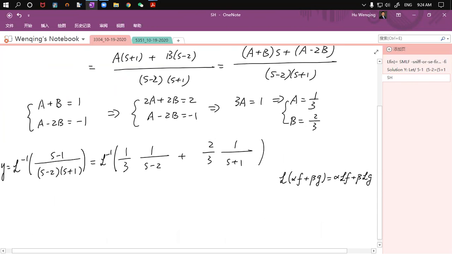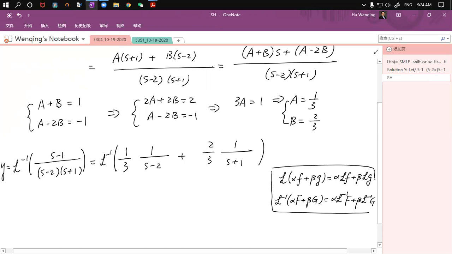Indeed, it means that the inverse Laplace transform is also linear. So alpha F plus beta G has inverse Laplace transform alpha times the inverse Laplace transform of F plus beta times the inverse Laplace transform of G. So both are linear operators, and these are very important formulas that you're going to rely on.